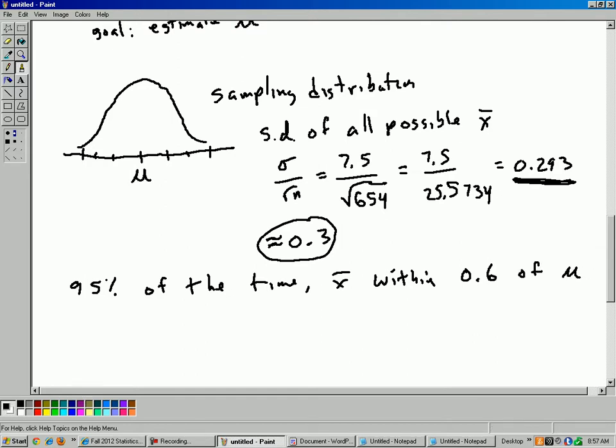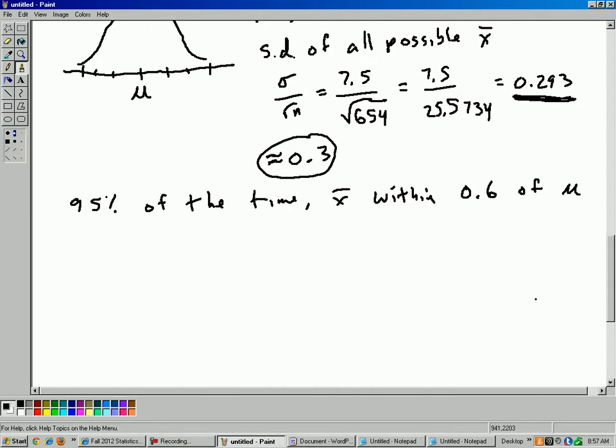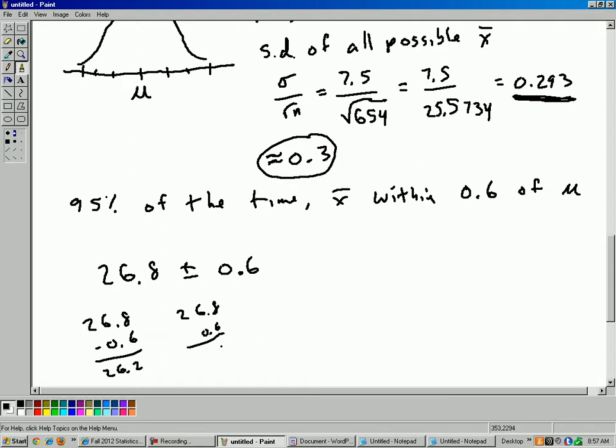So now we can put this all together. Our sample mean was 26.8. So 26.8 plus or minus 0.6, which then gives us, let's see, 26.8 minus 0.6 is 26.2, and then 26.8 plus 0.6 is 27.4.